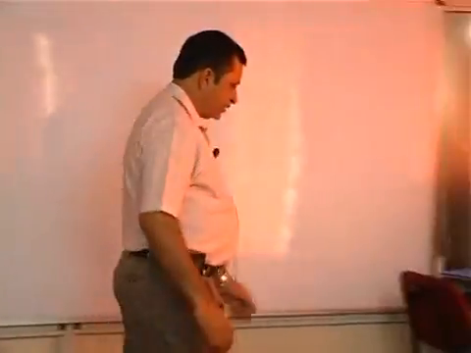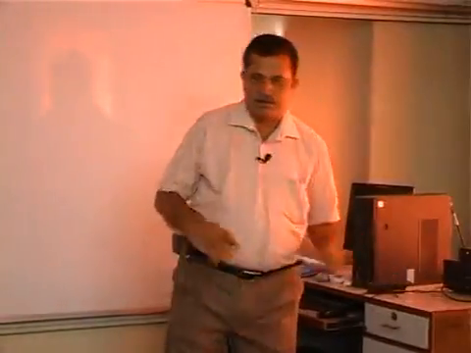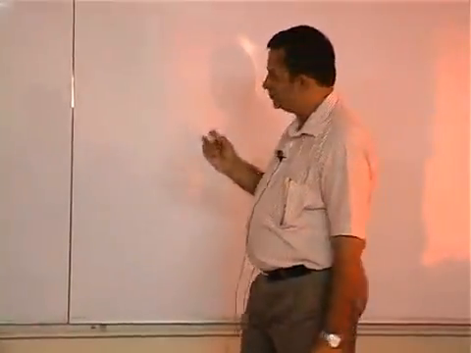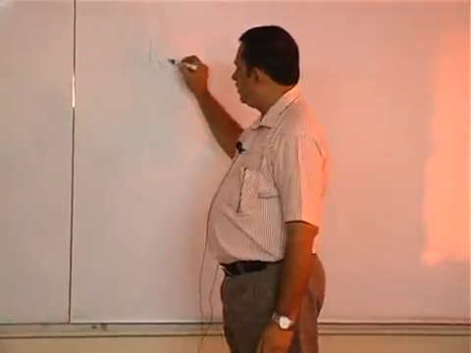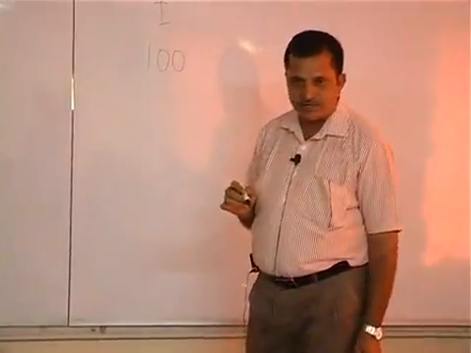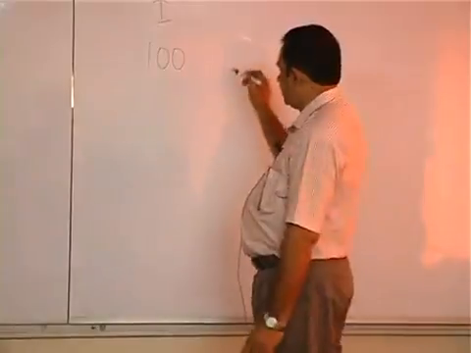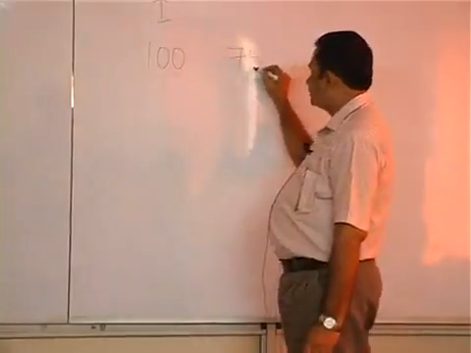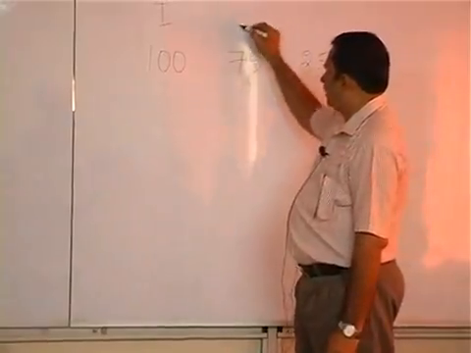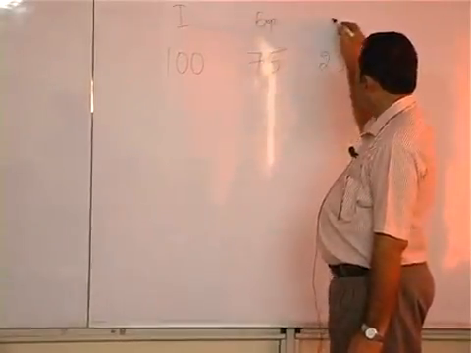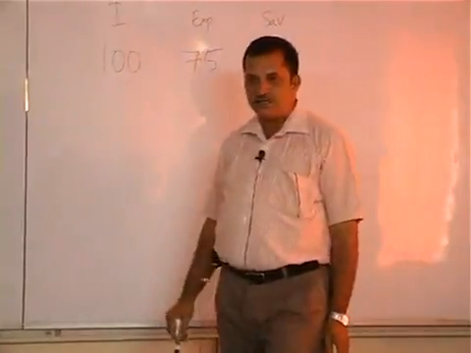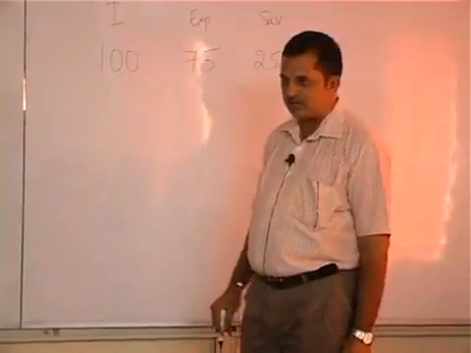Say, for example, the income of the woman is 100. A woman spends 75% of her income. In 100 she will spend 75. Means how much she is saving? 25. Her income is increased by 20%.